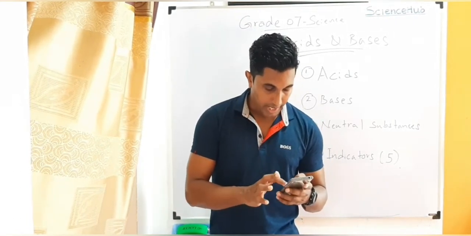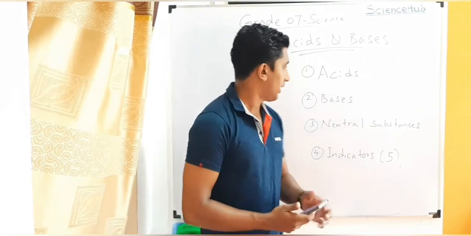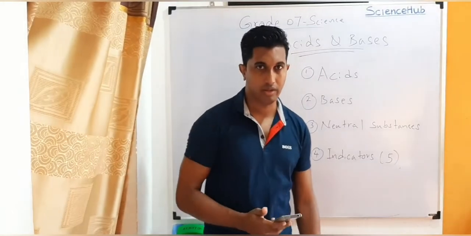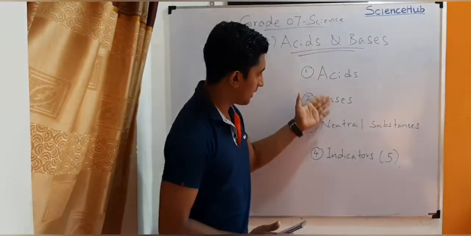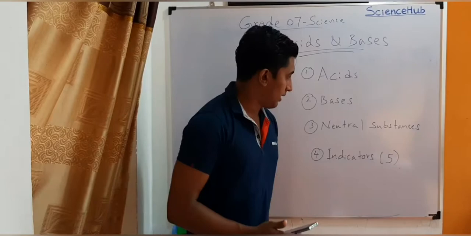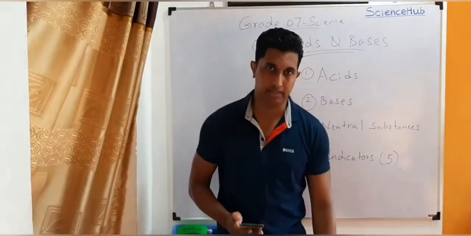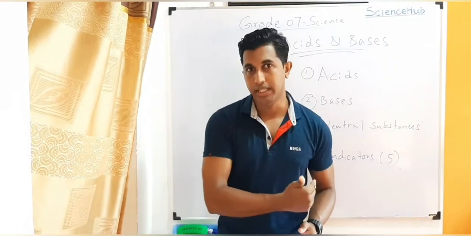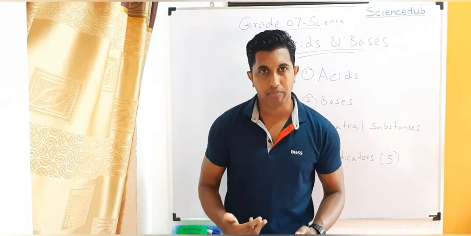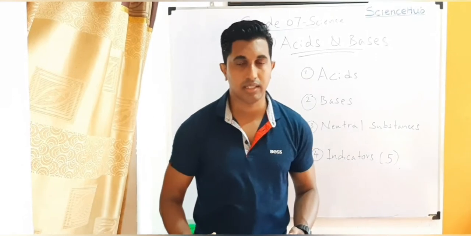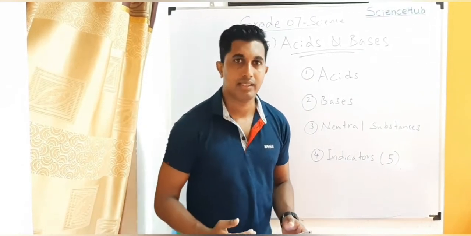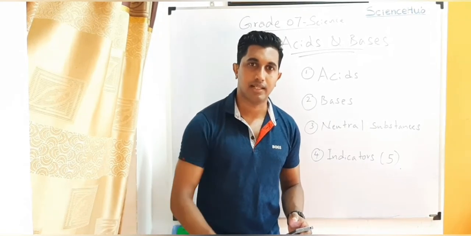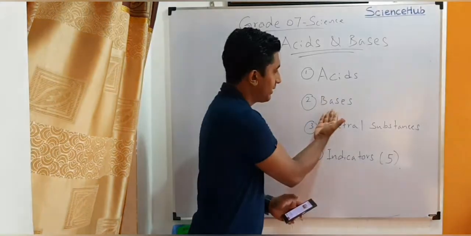And what are the neutral substances? Now we discussed acids and bases, and the third one is neutral substances. What are neutral substances? According to the word, you can get some idea. Neutral substances means the substances that don't belong to acids or bases.